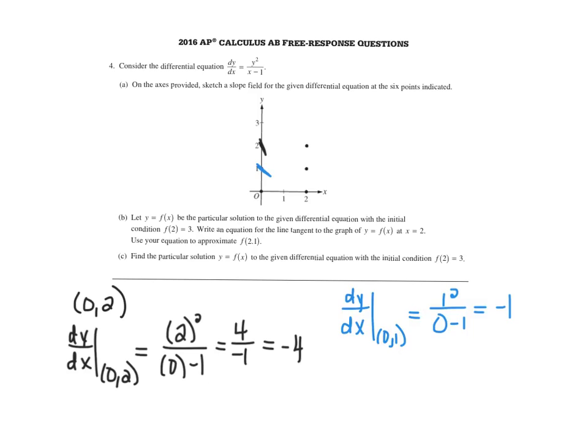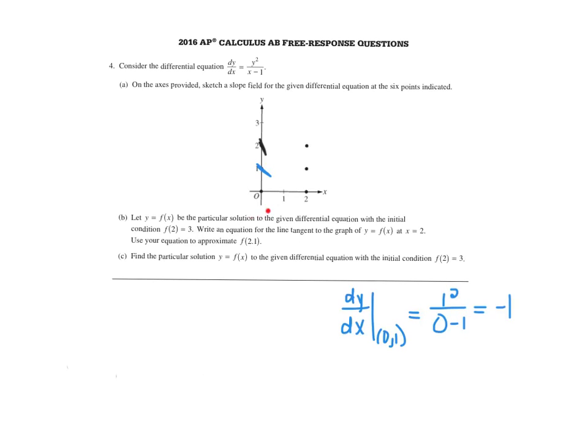And you can kind of see, if I want a slope of negative 1, it should connect here, down 1 over 1. So it should be kind of a line that goes like that. And you only want that line segment just to cover that one little dot. You don't want it to go all the way across, because again, this slope of negative 1 is only for this one particular point. It's not for this point over here, or not even for this point over here. So there would be a different slope over here.